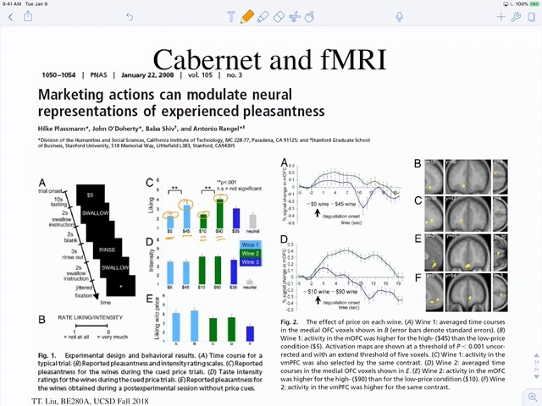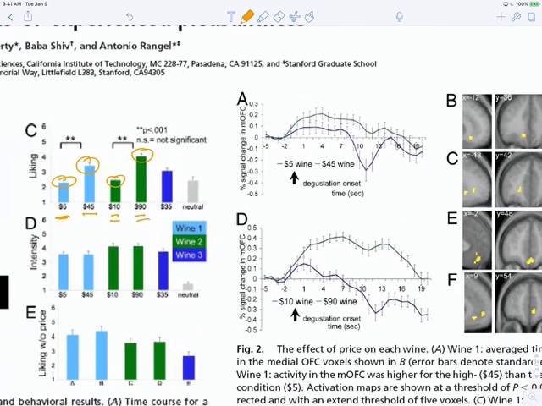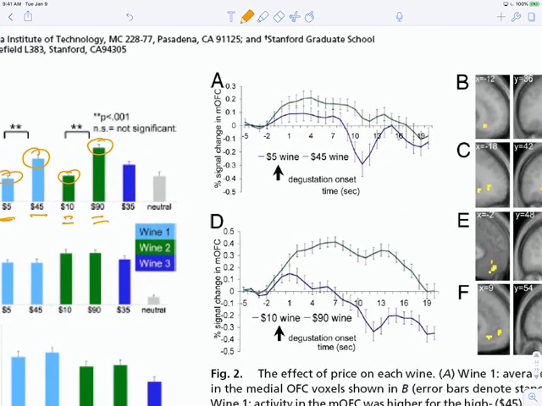And so in this study, they were looking at the reward areas of the brain. And so here, let's just look at this one, where here is the brain response in that area as they're doing the $90 wine, and it goes up, as you would expect, it's sensing that there's more reward. Versus here for the $45 wine, it doesn't go up as much, and in fact, there's even some negative response afterwards.